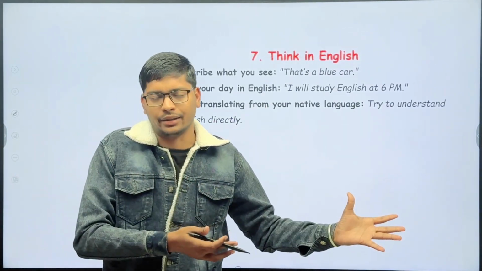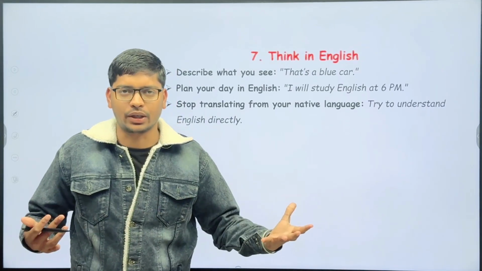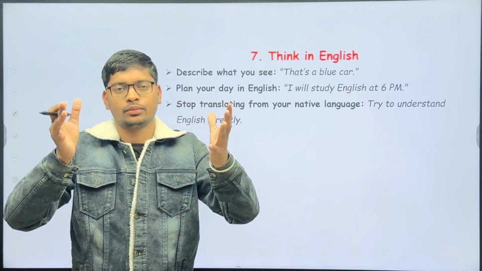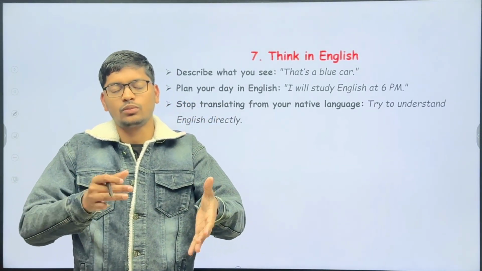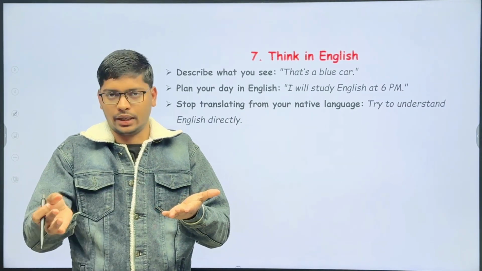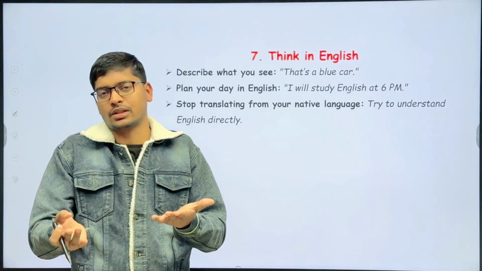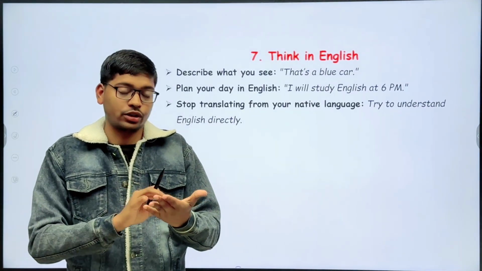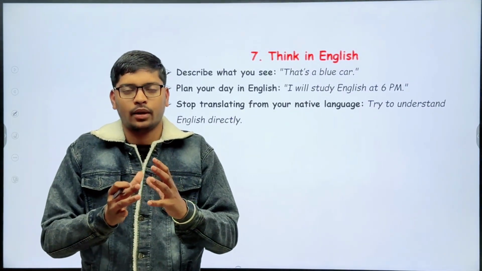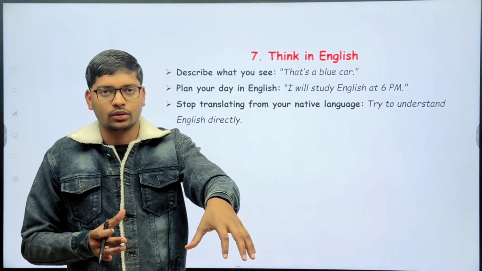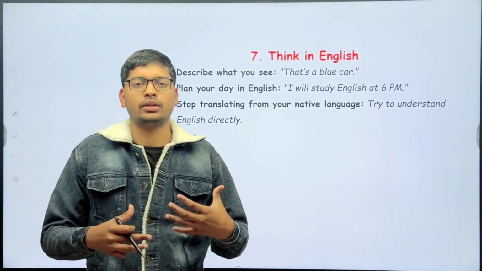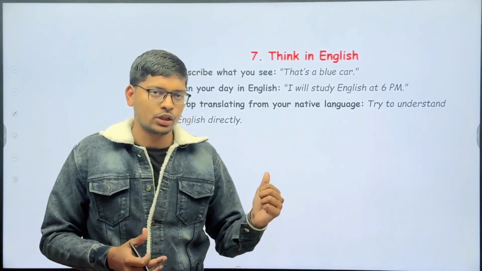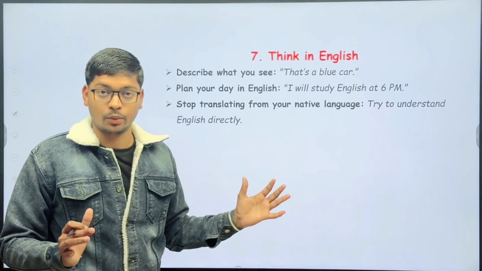When you think in your mind, this is very difficult. You are translating your native language to English. Like your native language is Hindi, you want to translate it into English. This is a process in your mind, so that is called thinking in English. This is possible, but how?